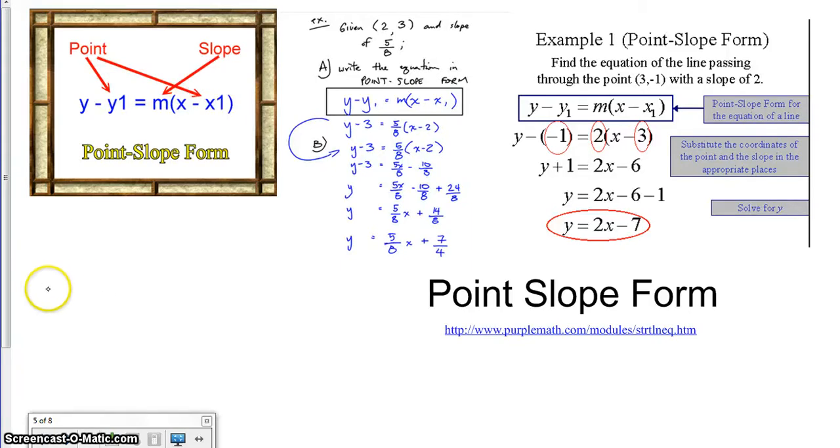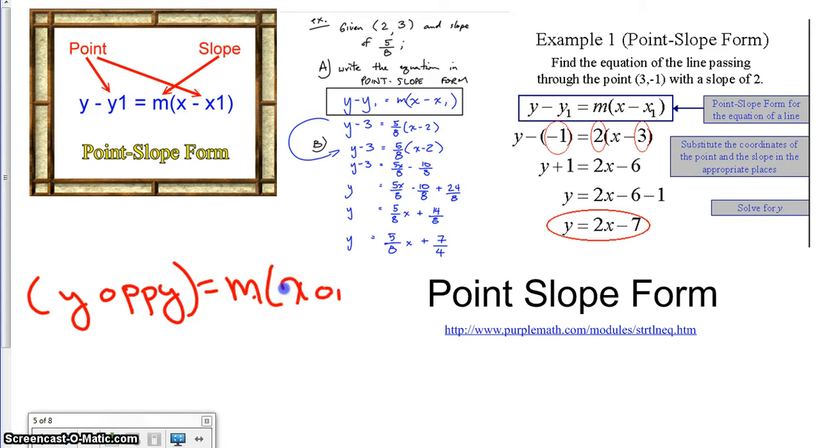One of the things that I always like to say is y opposite y is equal to slope times x opposite x. It is one of those things that helps you out a little bit. But if you had trouble with point slope form in the past, please check out Purple Math.